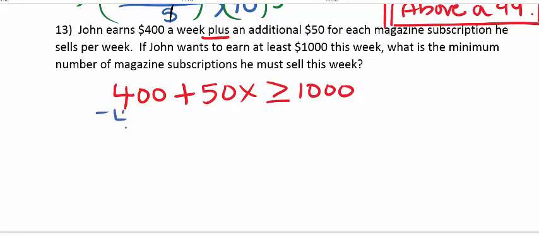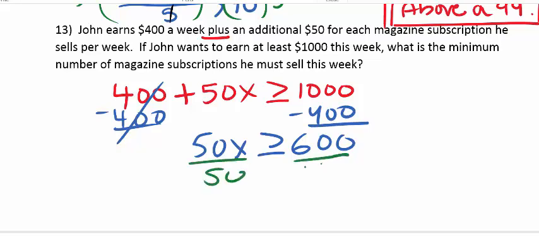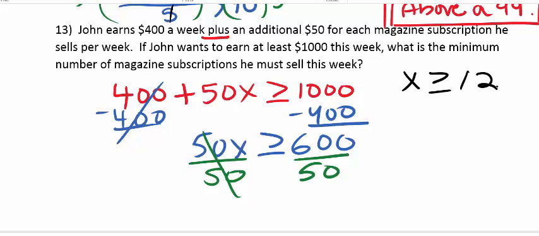So to solve, we're going to go ahead and subtract 400 from both sides, and we get 50x is greater than or equal to, and then 1,000 minus 400 is 600, and then we want to divide both sides by 50. 50 divided by 50 goes away here, it turns to 1, and we get x is greater than or equal to, and then 600 divided by 50 is 12.